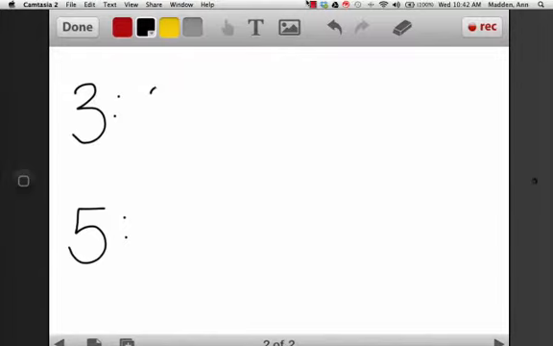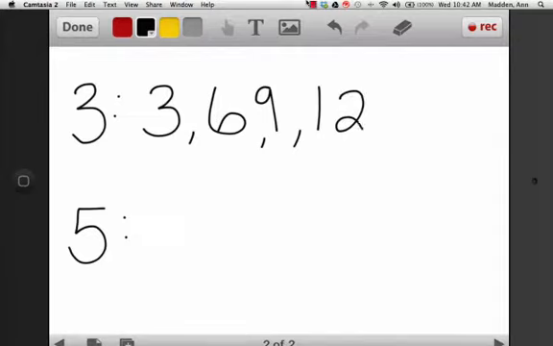So 3 times 1 is 3. 3 times 2 is 6. 3 times 3 is 9. 3 times 4 is 12. 3 times 5 is 15. And I could continue on, but I'm just going to stop there and see if I will find one that they have in common. If you do about 5, you should probably find your least common multiple. Sometimes you have to write down more.